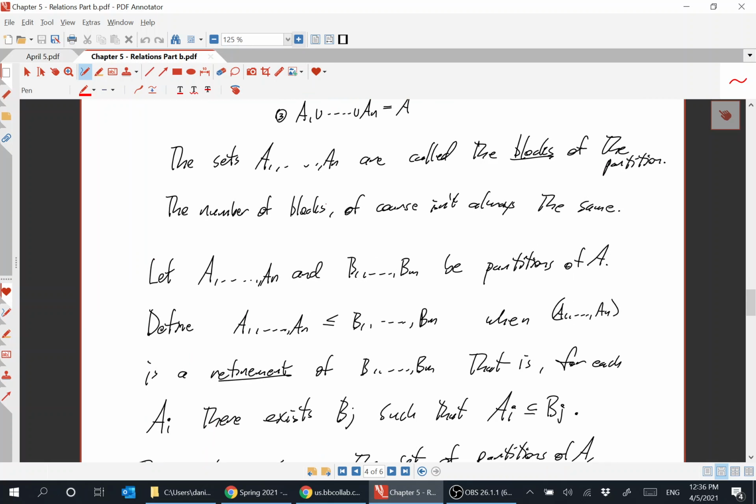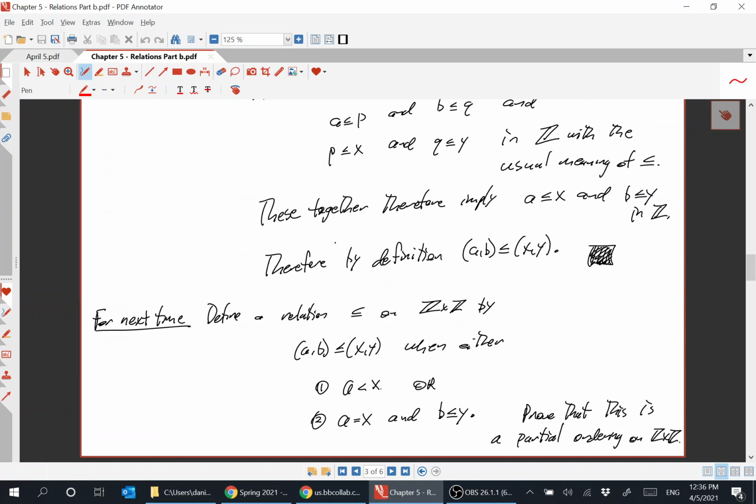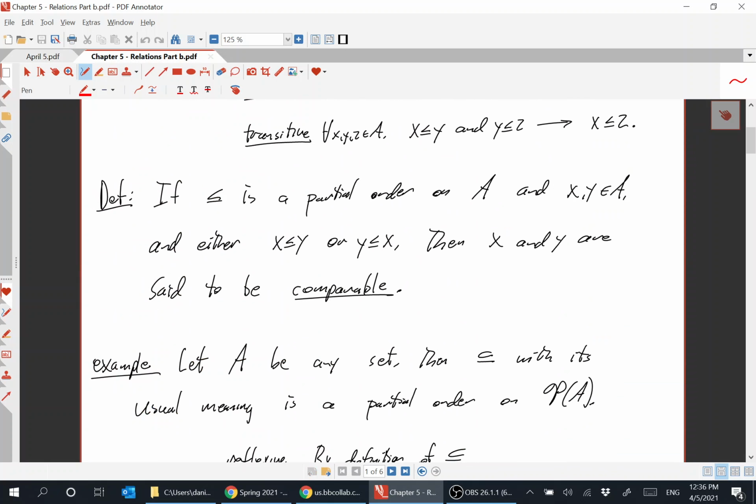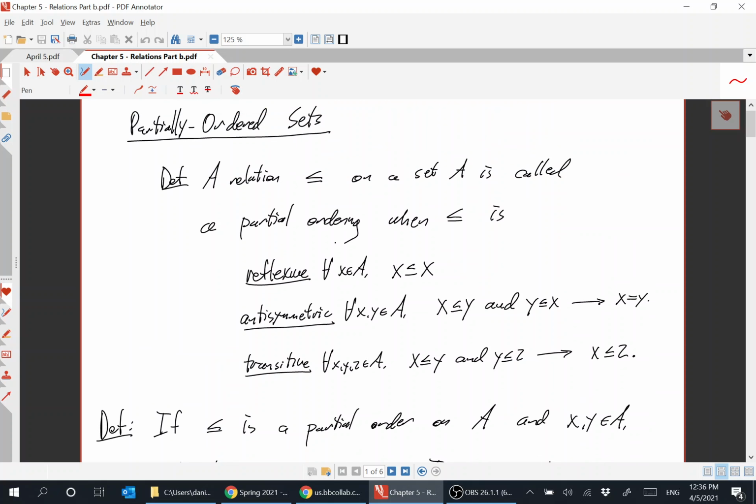So, just one final example in this section. Remember, for this chapter, we were talking about partially ordered sets. So it's a set with a relation. This symbol is usually used. And that set is a partial ordering when this relation is reflexive, antisymmetric, and transitive.